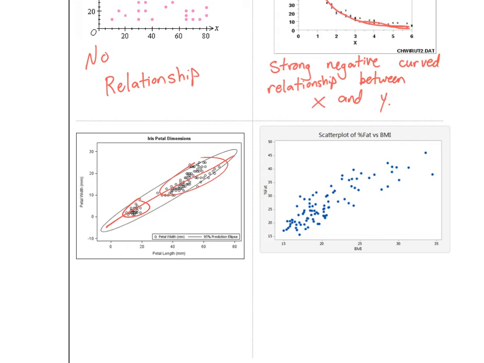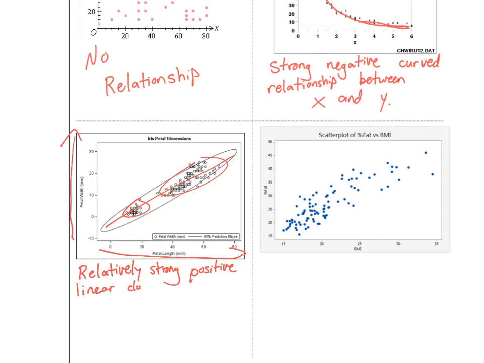They aren't really close together, but they're also not spread out really far. So I would say this is relatively strong. And notice it goes up. As the petal length goes up, the petal width goes up. See how it's going up from left to right? So how we would describe this, we would say it's a relatively strong, positive, linear.